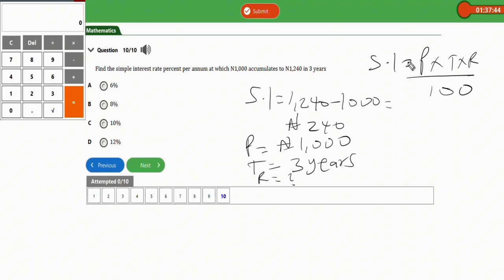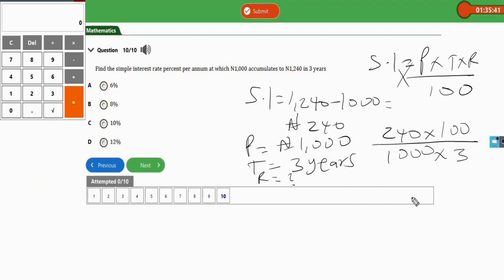When you cross multiply, it will be simple interest, 240 naira times 100, divided by the principal, 1,000 naira, times the time. Let's punch this on the calculator.